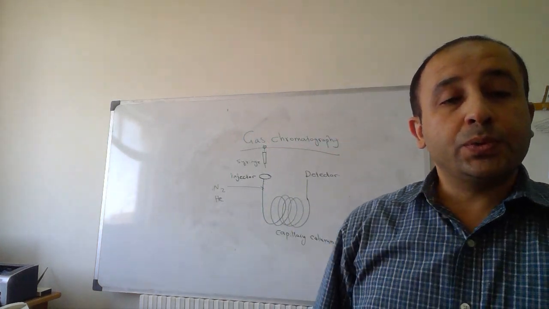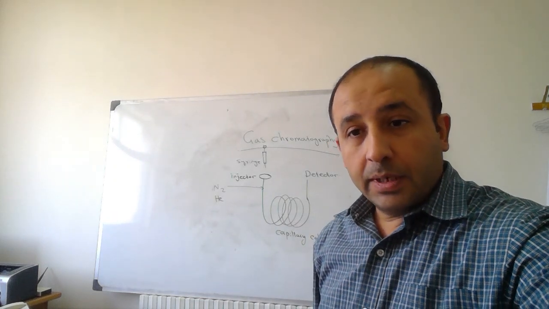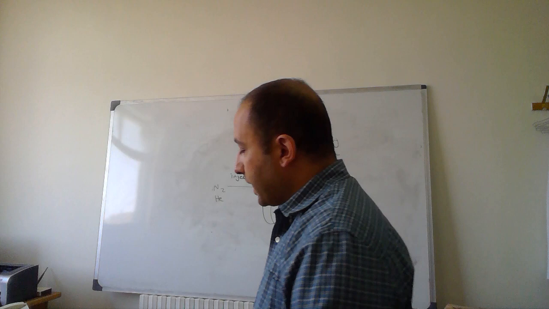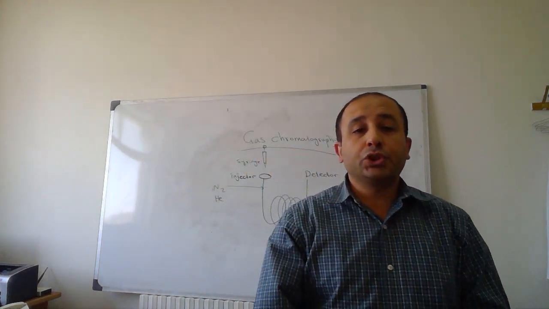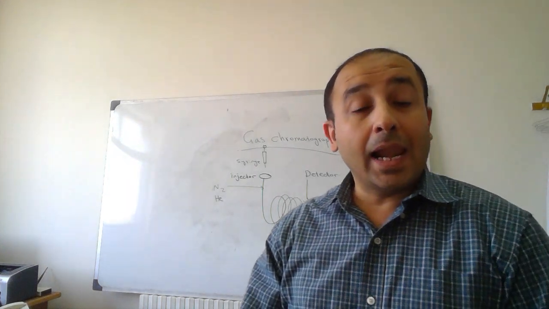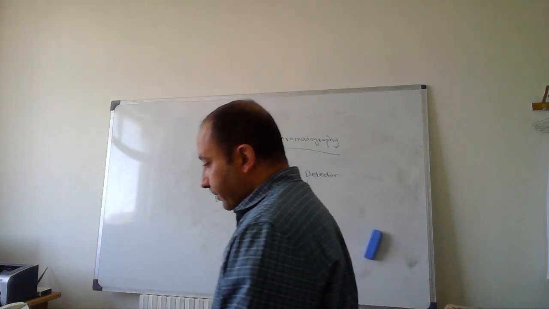Now, we have to choose the compounds which are volatile in order to be tested by gas chromatography. Now, which kind of compounds are volatile? The compounds which are considered lipophilic and which have low molecular weight.